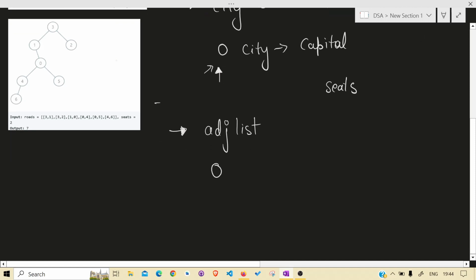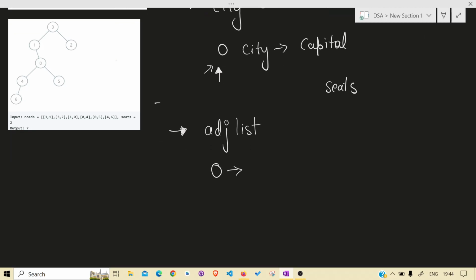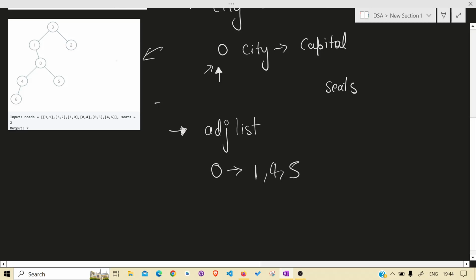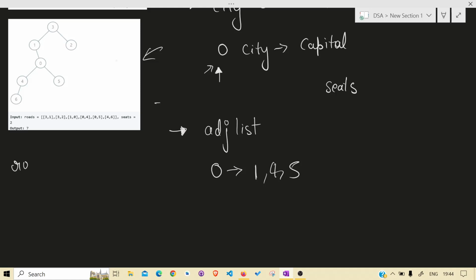What is an adjacency list? For example, in this particular graph, 0 is connected with 2, 1, 4, 5. So it is very easy to just reach 1, 4, 5 instead of using this roads array. Also, roads are bidirectional, so take care of this.